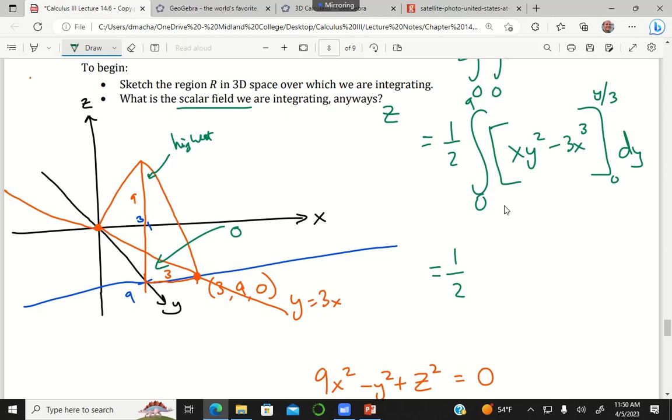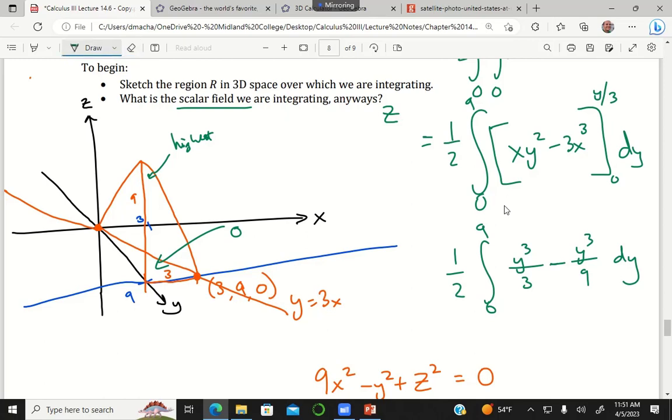So I only really care about the upper bound here. And so if x is y over 3, then this is going to be y cubed over 3 minus 1 over 9 times y cubed, right? So a third minus a ninth is going to be 2 ninths.